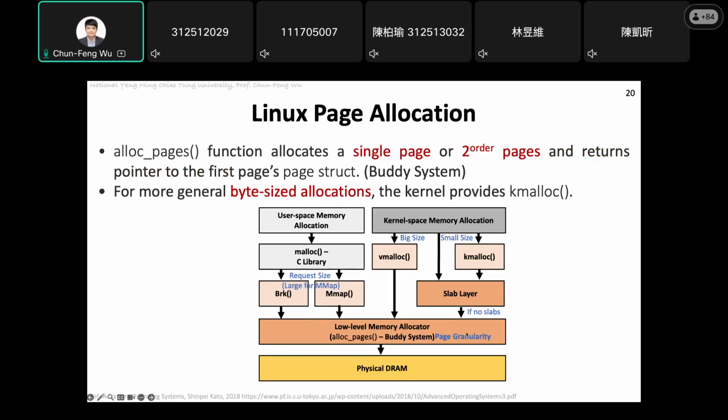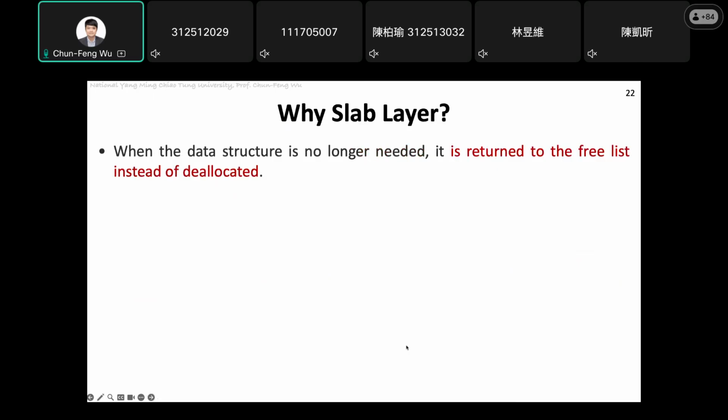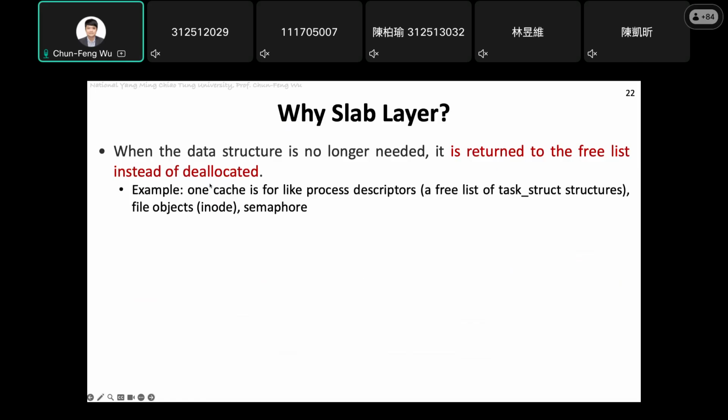Okay, so when we go one layer above the allocation of patches, there is a step there for the kernel side. So what is the slab layer for? Actually, the slab layer is for storing those data structures that are no longer needed, which are returned to the free list instead of deallocated. So let me give you an example.